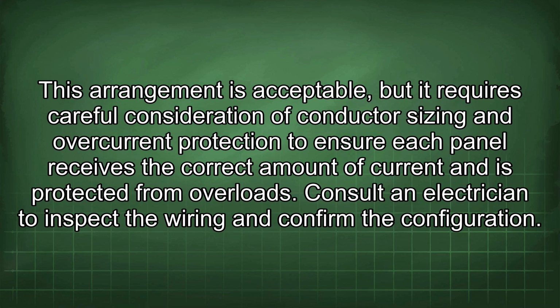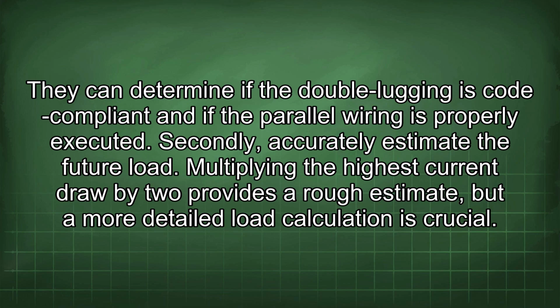This arrangement is acceptable, but it requires careful consideration of conductor sizing and overcurrent protection to ensure each panel receives the correct amount of current and is protected from overloads. Consult an electrician to inspect the wiring and confirm the configuration. They can determine if the double lugging is code compliant and if the parallel wiring is properly executed.